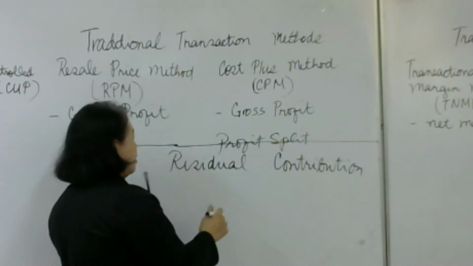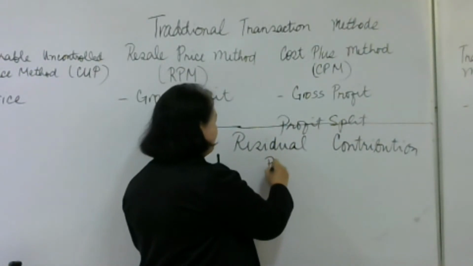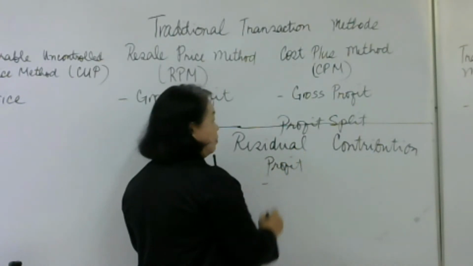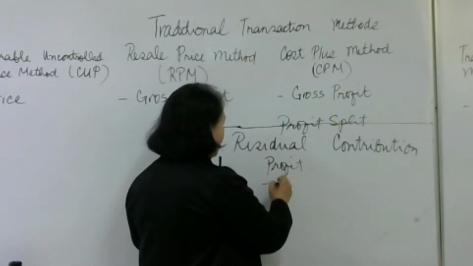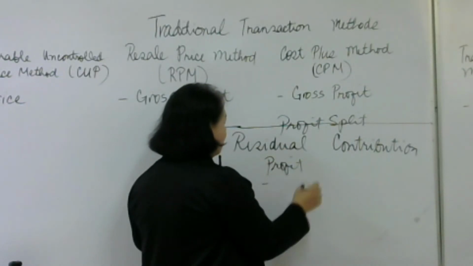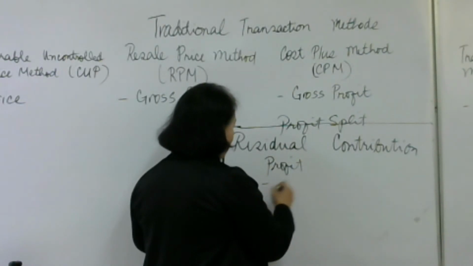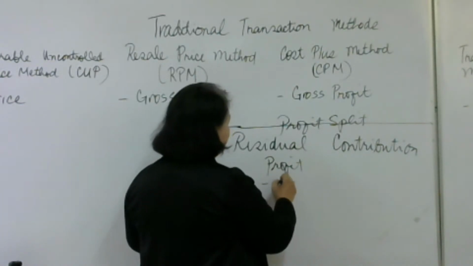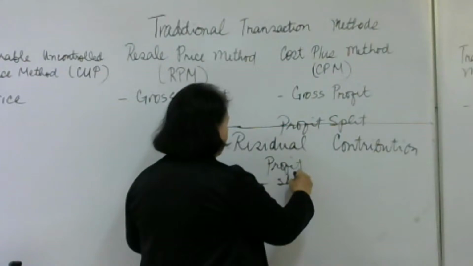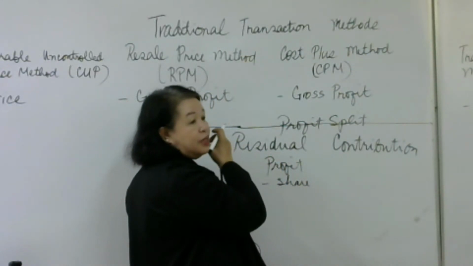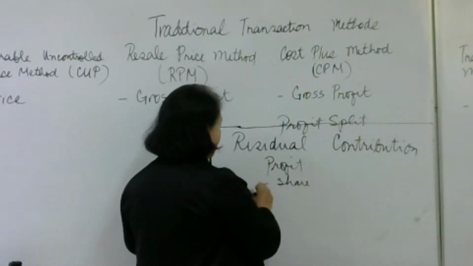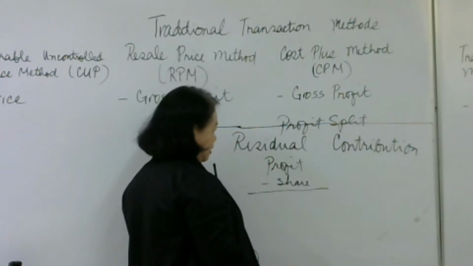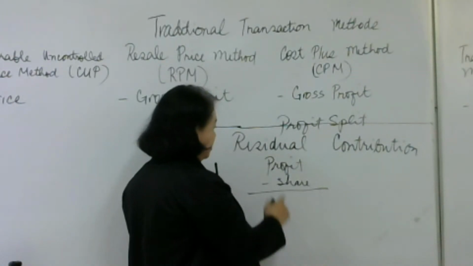Dito sa residual profit, merong profit, ibawas mo dyan yung pertaining to the company, no? Based on its contribution, halimbawa, based on the unique participation. So, i-deduct mo muna yung share nung isang company na meron siyang malaking participation doon sa business.